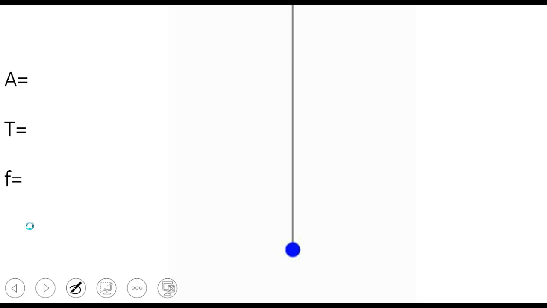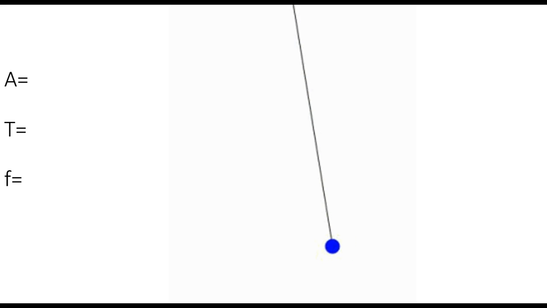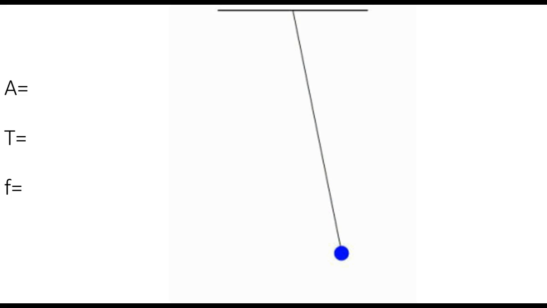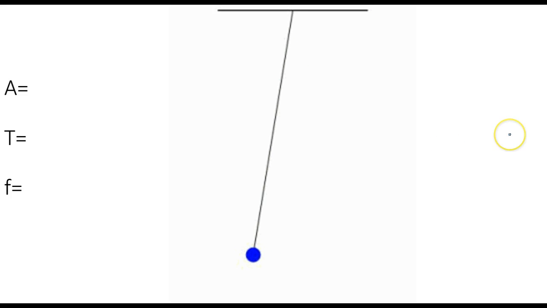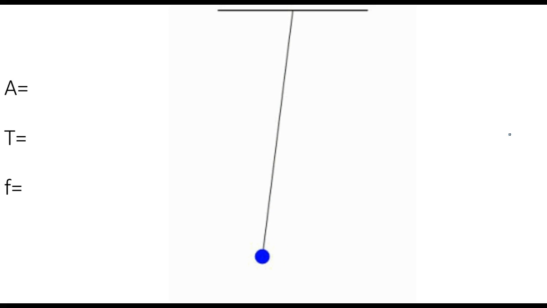All right, for our first example, I've got a simple pendulum here, right? And this pendulum is swinging back and forth. We could characterize it as simple harmonic motion. It's got a starting position, and it returns to that every so often.